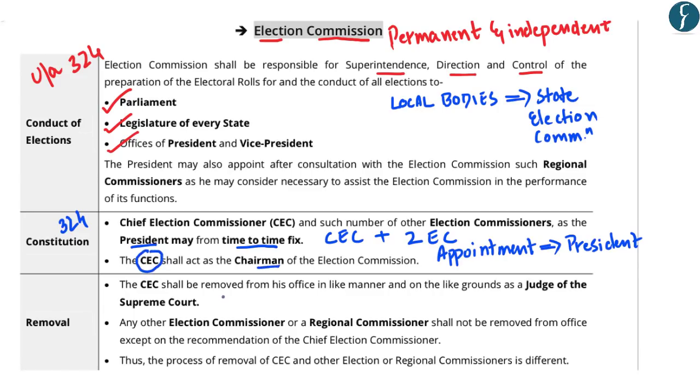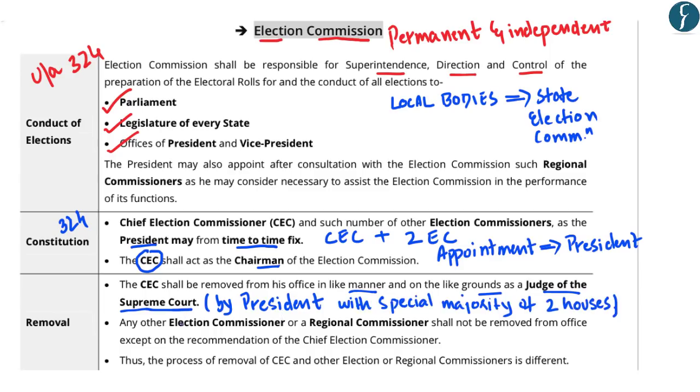You should also remember that the Chairman of the Election Commission is the Chief Election Commissioner. Moving on, as far as the removal of the Chief Election Commissioner is concerned, the Chief Election Commissioner cannot be removed from his office except in the same manner and on the same ground like the judge of the Supreme Court. Thus, in other words, the Chief Election Commissioner can only be removed by the President on the basis of a resolution passed by both the houses of the Parliament with special majority.